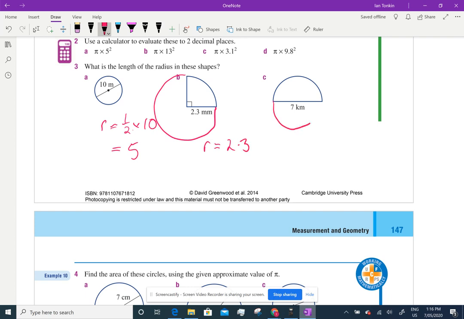And this one, they've given us the diameter again, so the radius is 1/2 times 7, which is 3.5. And that's kilometres, and that's millimetres, and that's metres. So pretty easy, that first bit. Now, let's have a look at question 4.